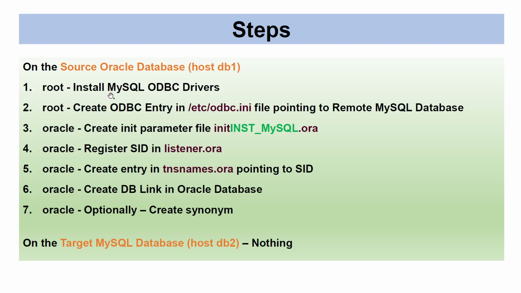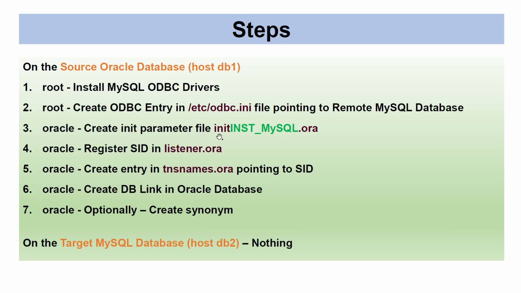So as root, install the MySQL ODBC driver, and create an ODBC entry in the etc odbc.ini file pointing to the remote MySQL database. Once that is done, switch to Oracle, and create an init parameter file called init inst_mysql.aura. Here inst_mysql becomes your SID.